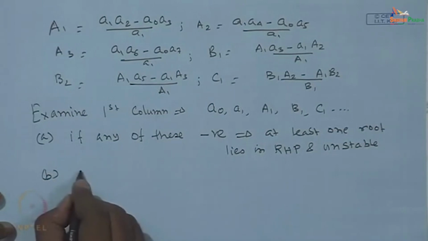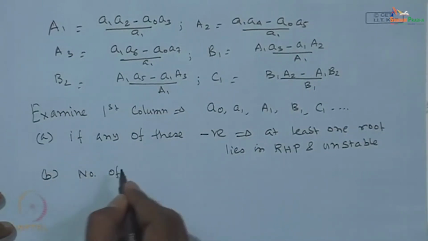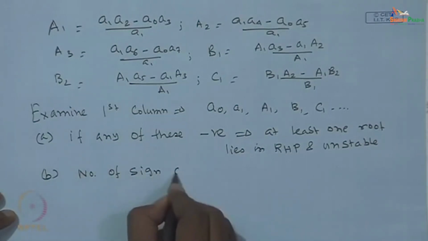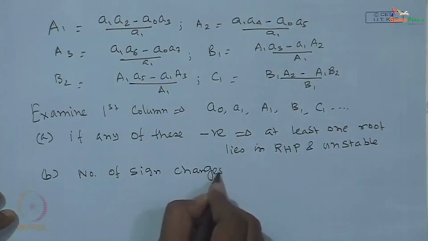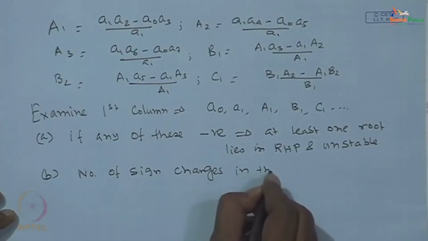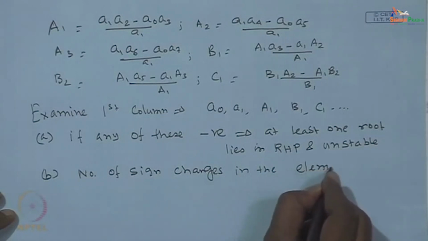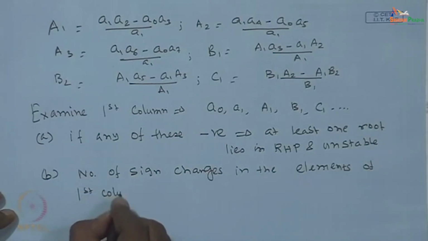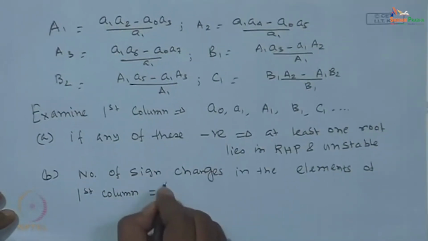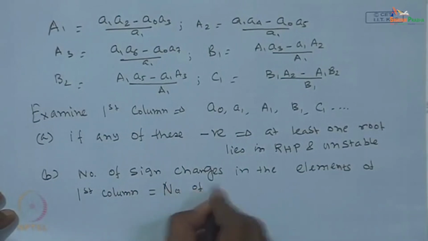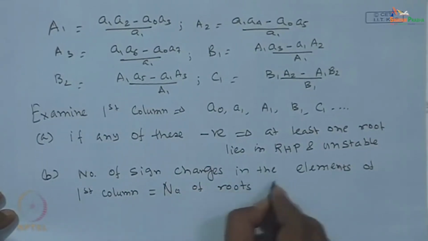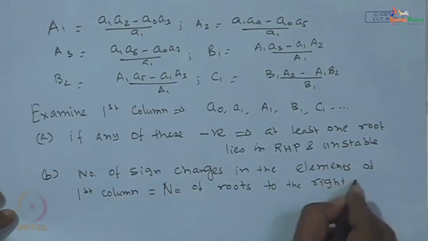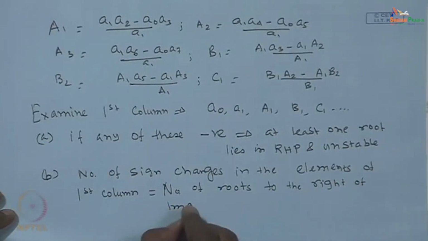Second, the interpretation of this Routh array is that the number of sign changes in the elements of the first column is equal to the number of roots to the right of the imaginary axis.